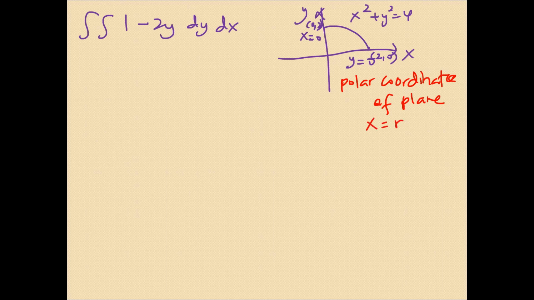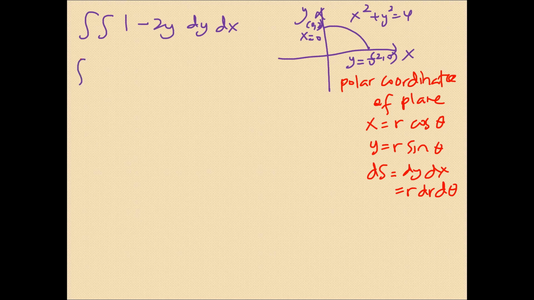We know that x is equal to r cos theta, y equal to r sin theta, and now your dA, which is dy dx, will be changed to r dr d theta. Now it will be 1 minus 2r sin theta, and dy dx will be r dr d theta.